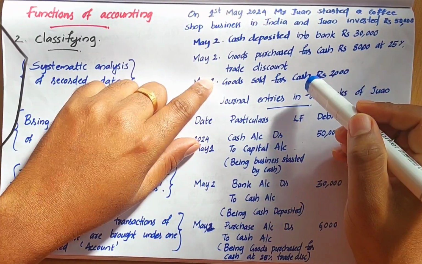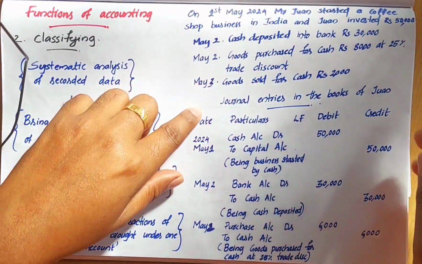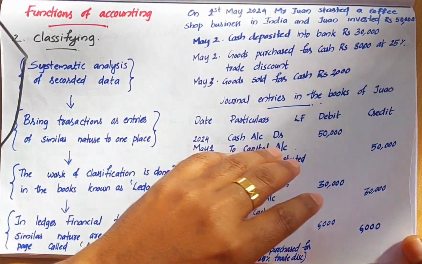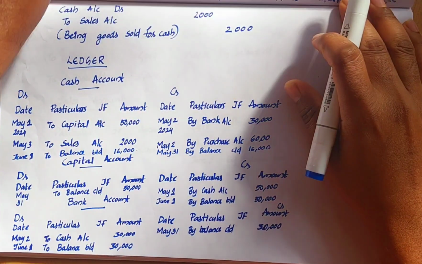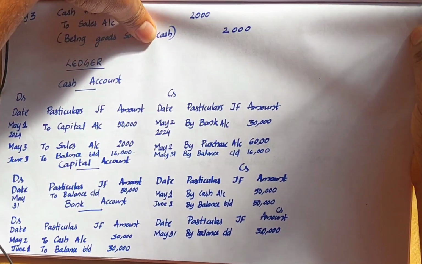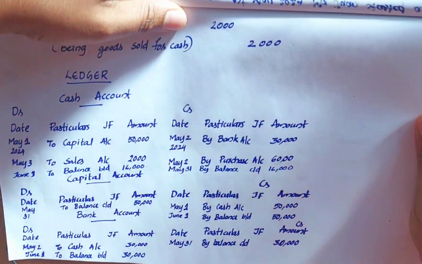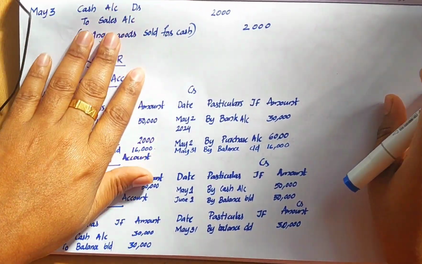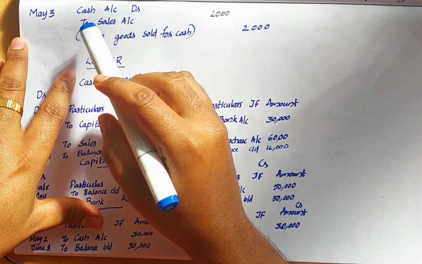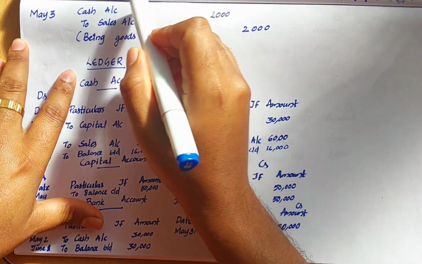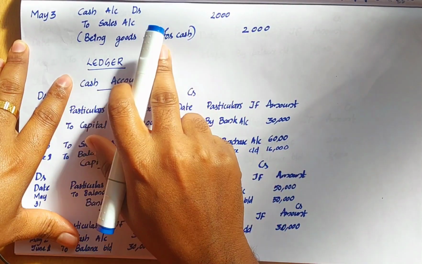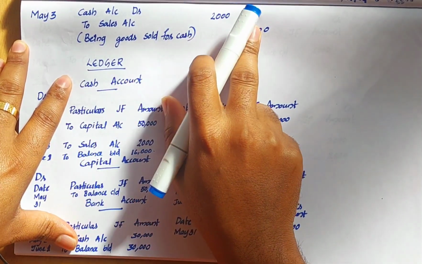So on May 3rd, cash account debited to sales account. This is our last journal entry: being goods sold for cash 2,000 rupees.